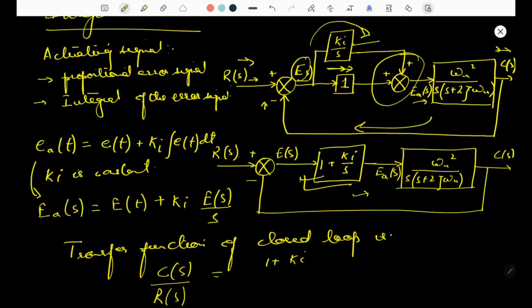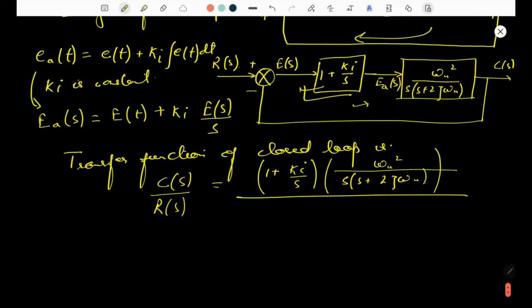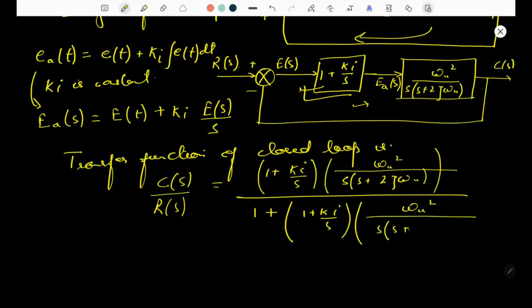It is (1 plus Ki over s) into omega n square divided by s into (s plus 2 zeta omega n), divided by 1 plus (1 plus Ki over s) into omega n square over s into (s plus 2 zeta omega n). That is, G(s) upon 1 plus G(s)H(s), which we have already discussed.